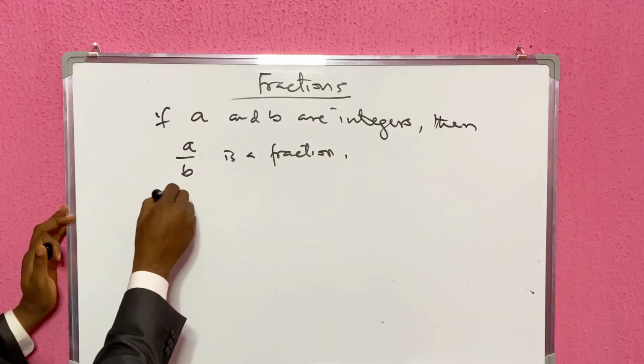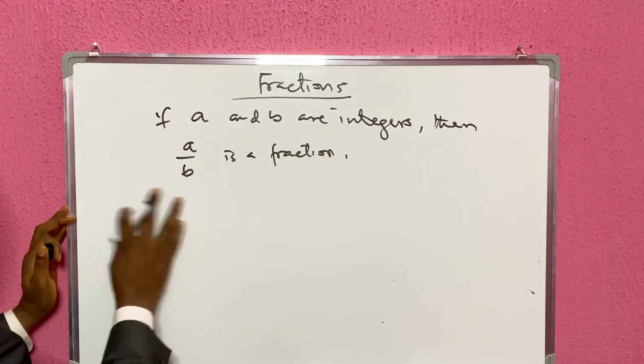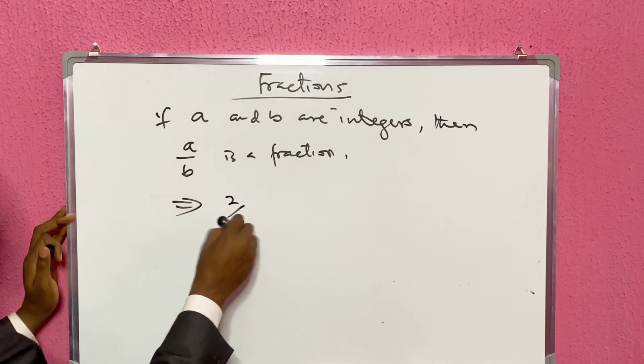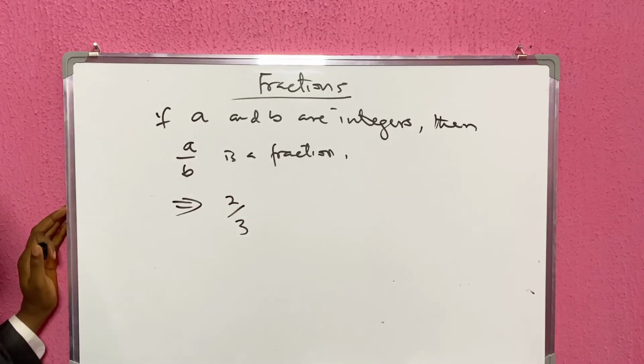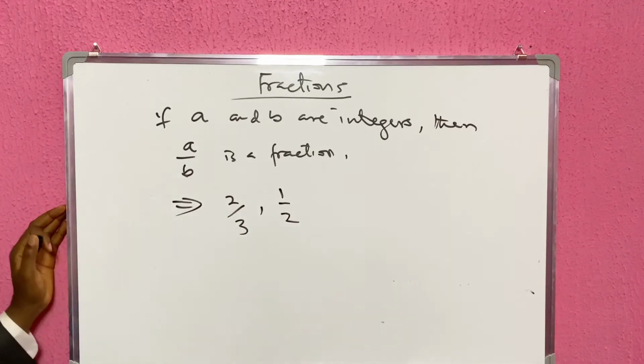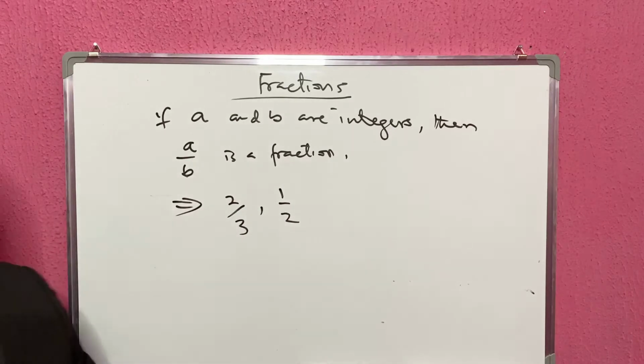This implies that 2 over 3 is a fraction, and so on. 1 over 2 is a fraction, and so on. So it must have a numerator and denominator.